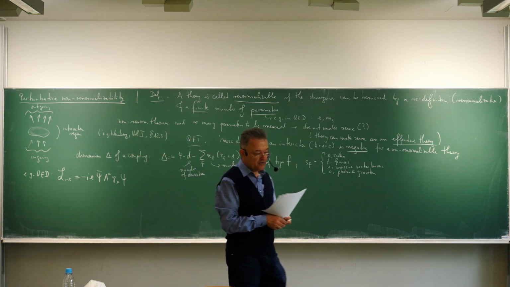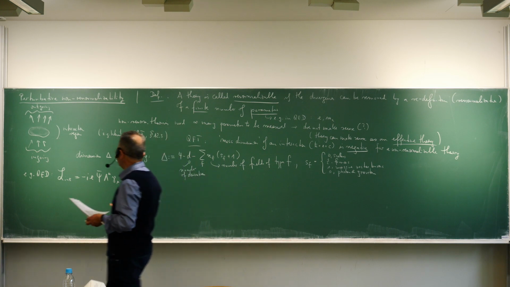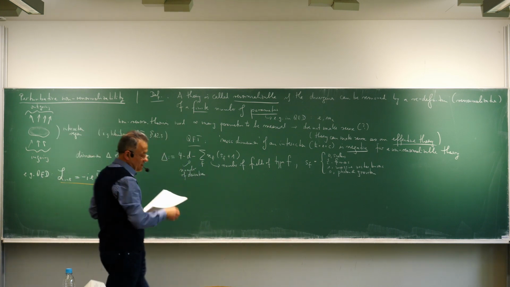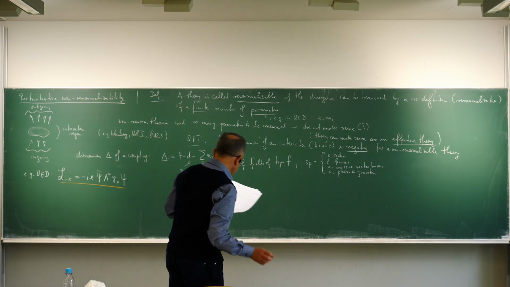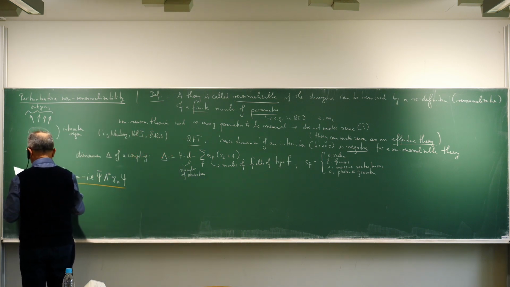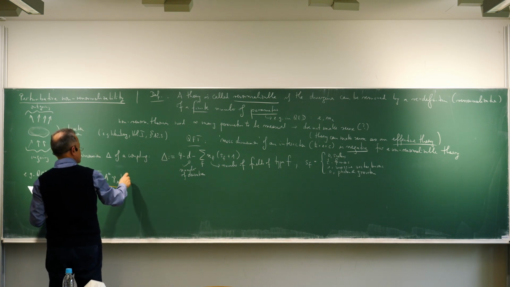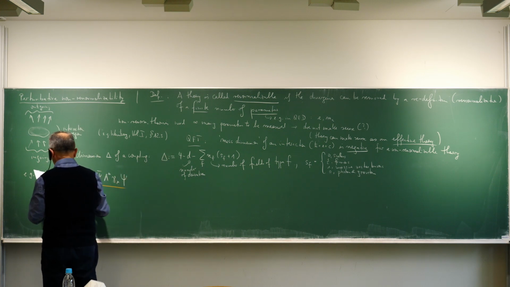Those of you who have studied QED know what I mean. This is the QED interaction. Let's just check now what this gives. So for this, the delta is 4. This is always 4. There are no derivatives here, so this is minus 0.